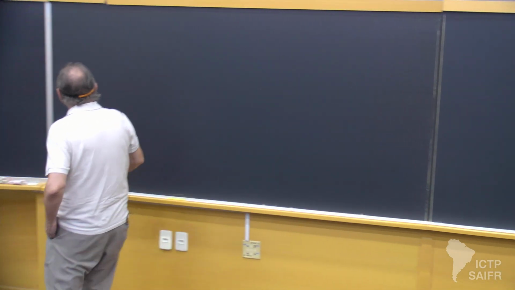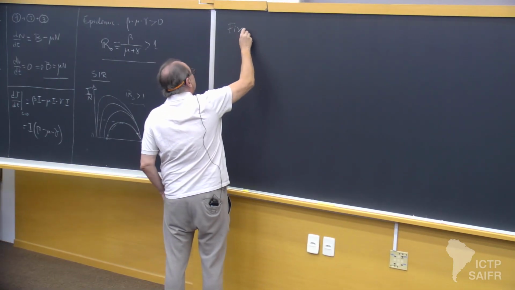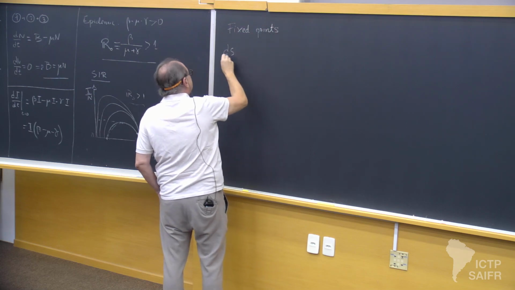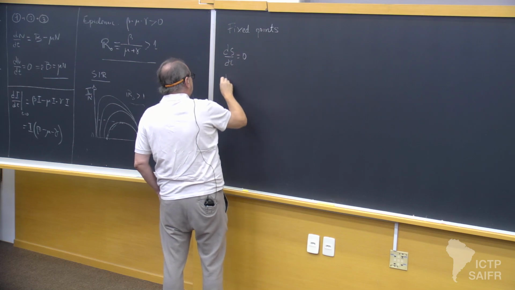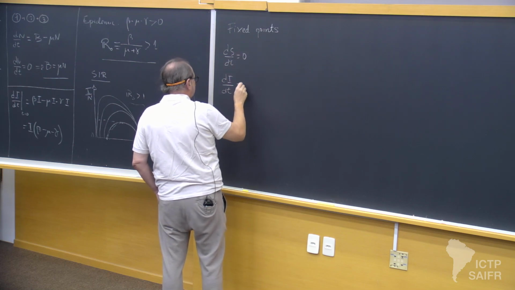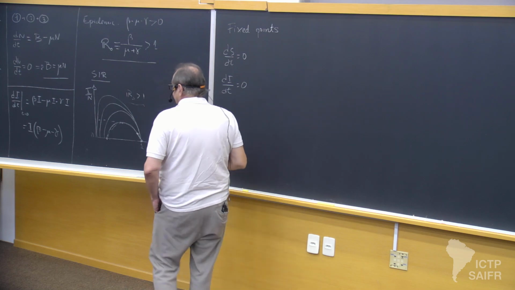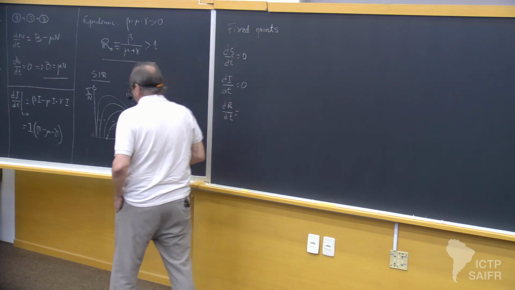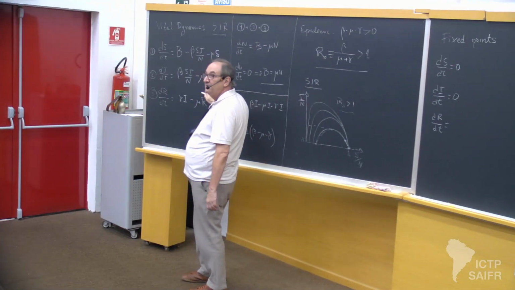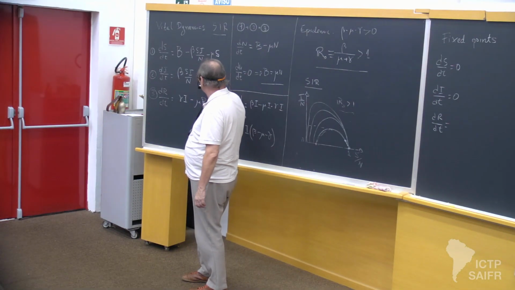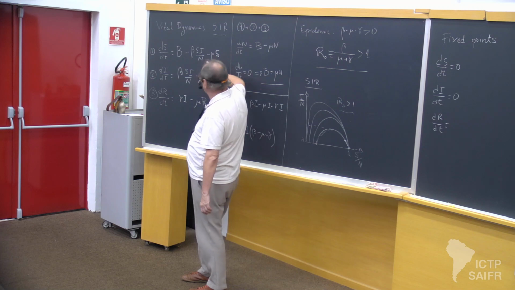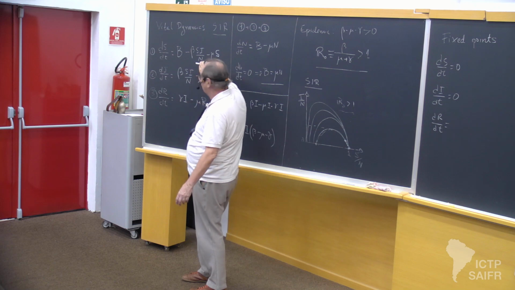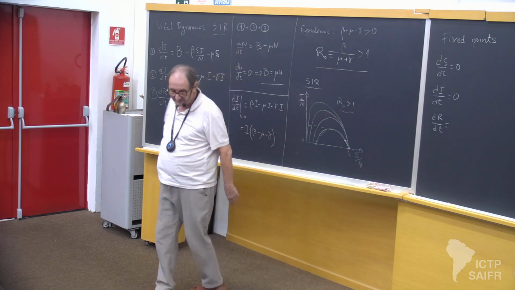So if I want to find this fixed point, I have to take dS/dt equal to 0, dI/dt equal to 0, and dR/dt equal to 0. But again, this here is not very important, because R is not here. So actually you have a system of 2 equations. And the number of recovered can be obtained if you solve only this 2-dimensional system.